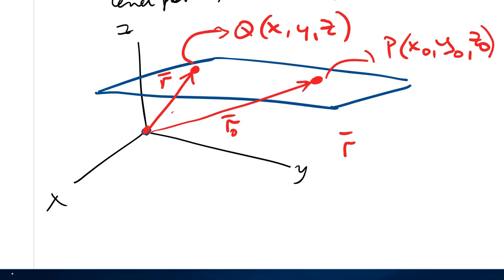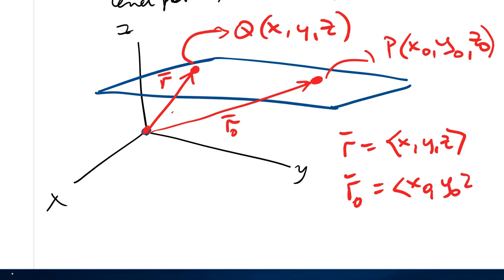So r is the vector x, y, z, and r naught is the vector x naught, y naught, z naught. All right, so when you have a vector ending at a point x naught, y naught, z naught, you write it with these brackets here. Remember that from vector theory. Okay, so then we have this scenario.